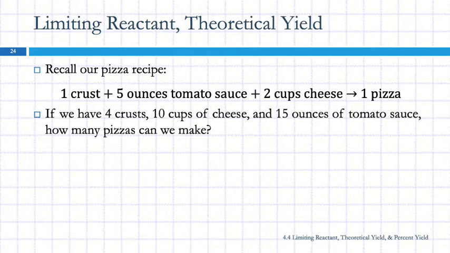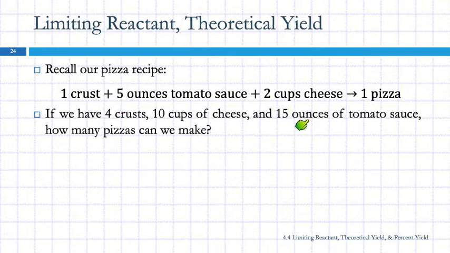What we're doing, consciously or not, is we're looking at each ingredient, and 4 crusts, I could make how many pizzas? 4. 10 cups of cheese, I could make how many pizzas? 5, because I need 2 cups of cheese, right? And 15 ounces of tomato sauce, I need 5 ounces for each pizza.